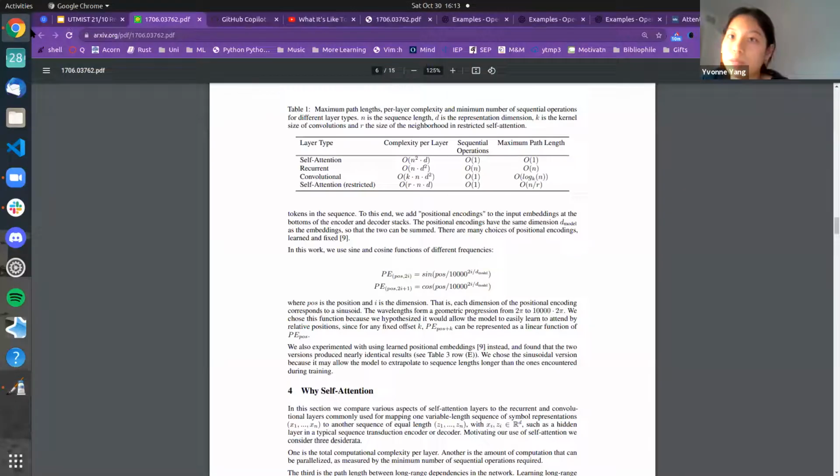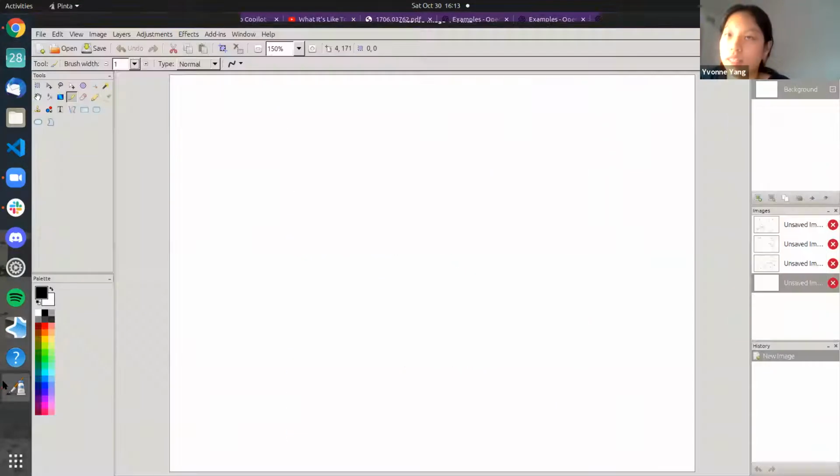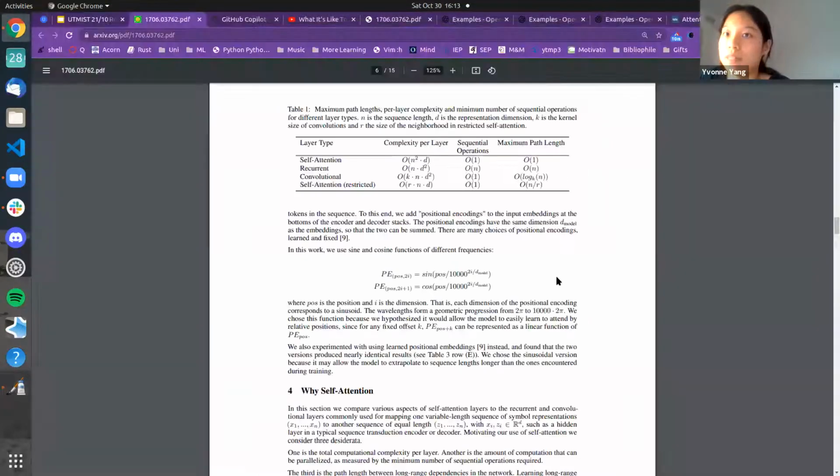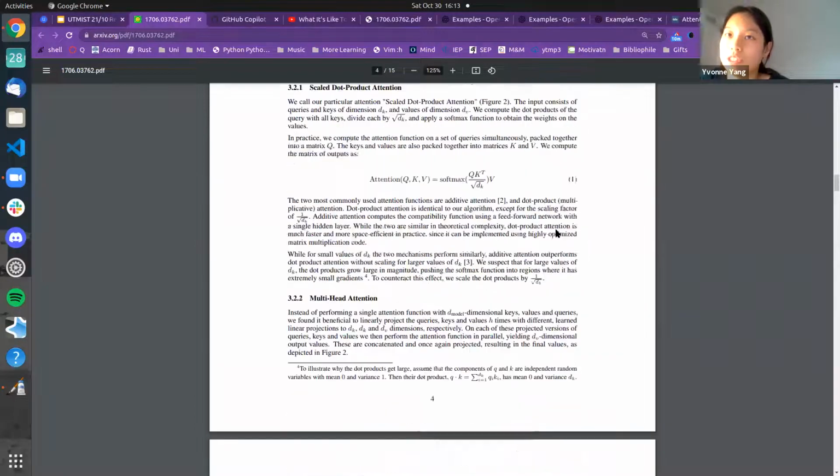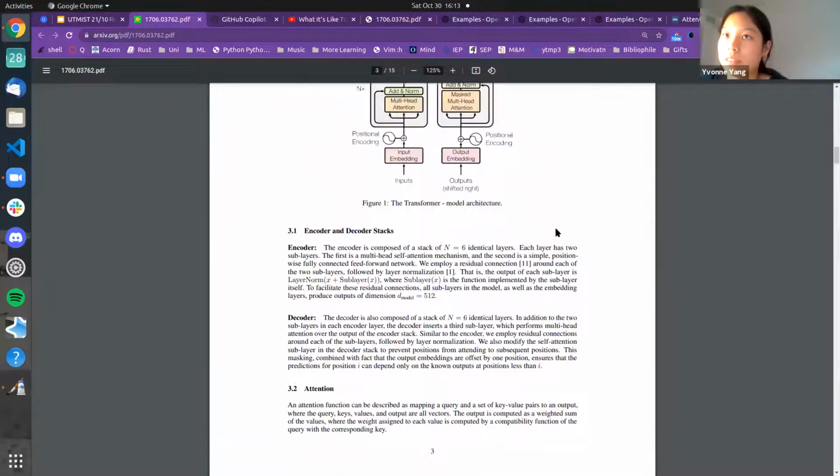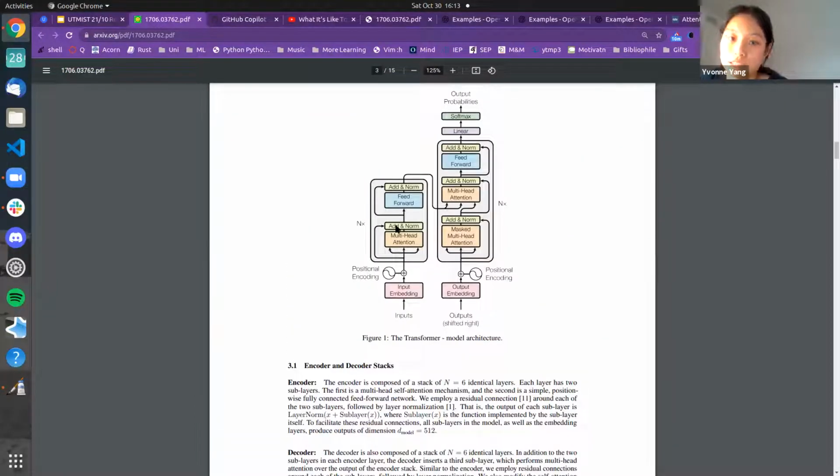Essentially, in this paper, what they use is sinusoids, and the positional encodings happen right after the inputs get into the encoder or the outputs get into the decoder.